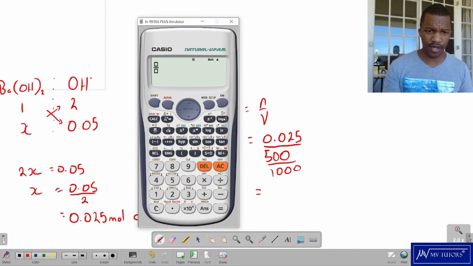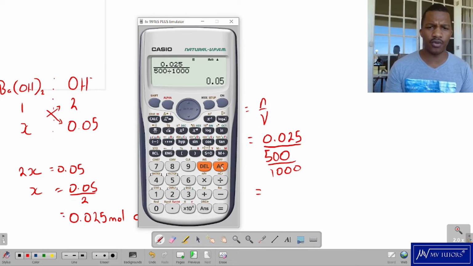Remember, on top we have 0.025, and at the bottom do it like this, because if you just put it in the calculator exactly as it is here, it might cause problems. So here I'll put 500 divided by 1000. Okay, and then I get 0.05.